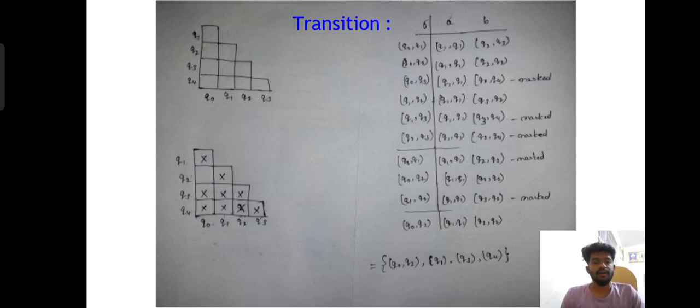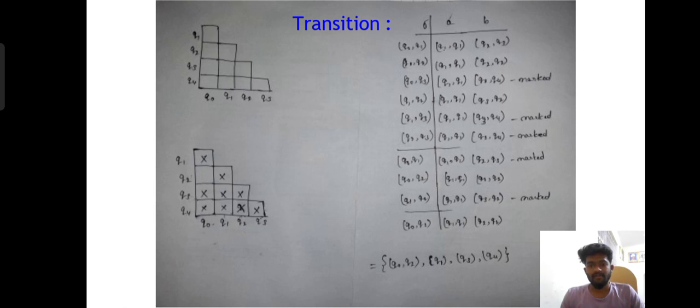First, we should mark the boxes in which a final state is present. So Q0-Q4, Q1-Q4, Q2-Q4, Q3-Q4. These four boxes contain a final state, so they are marked. In the transitions, we can see that Q0-Q3, Q1-Q3, and Q2-Q3 are marked.